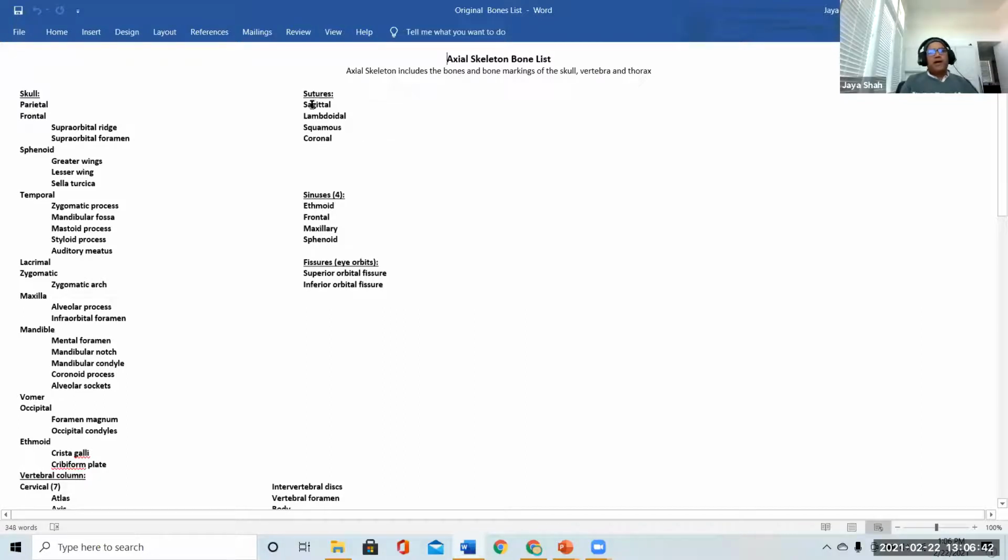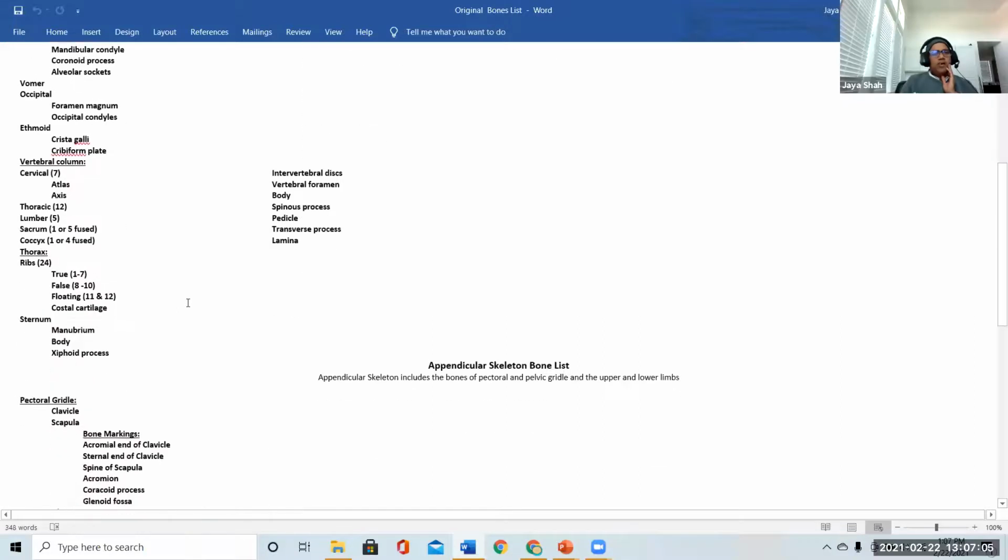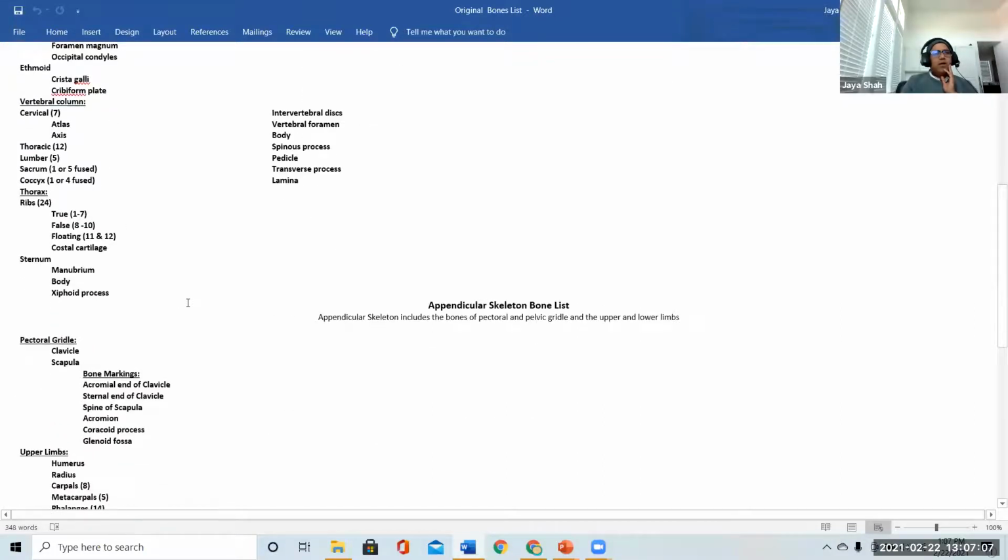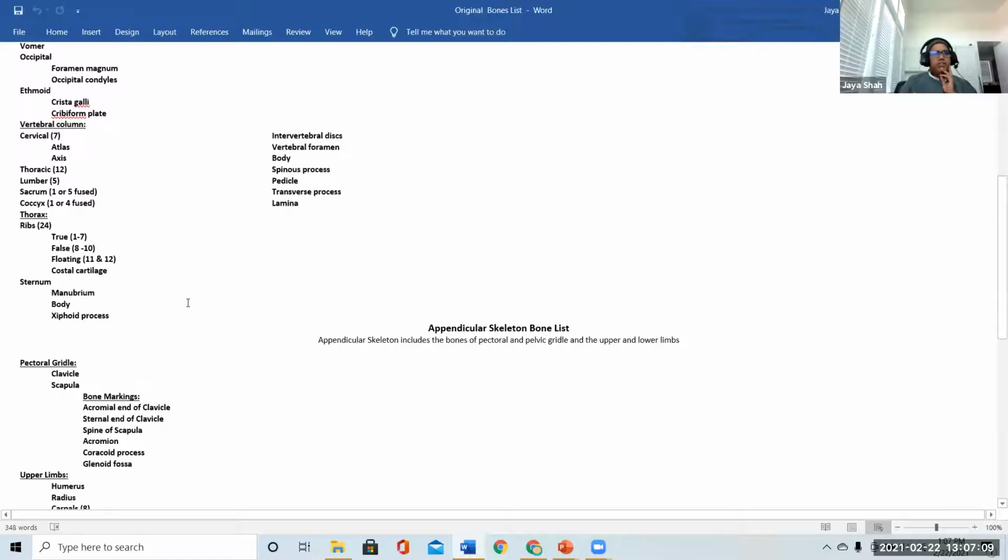You identify these sutures too. In the sphenoid bone, there are three features you need to know: greater wings, lesser wings, and sella turcica. In the temporal bone, you have 5 features, and so on. If you go through each bone, you have those features.